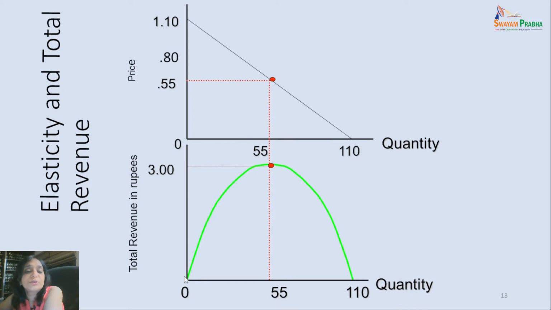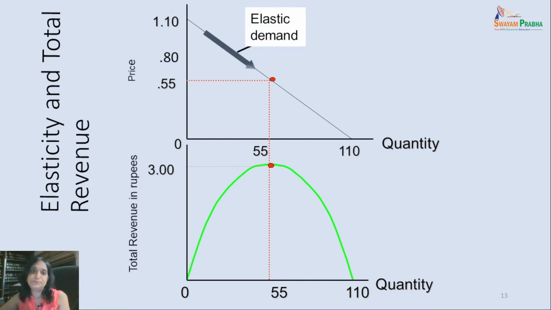What do we see? The total revenue curve is an inverted U. That is, initially total revenue increases, reaches a maximum, and then starts declining. And the demand curve, shown in your upper figure, is downward sloping. Now let us understand the relationship between elasticity and total revenue.